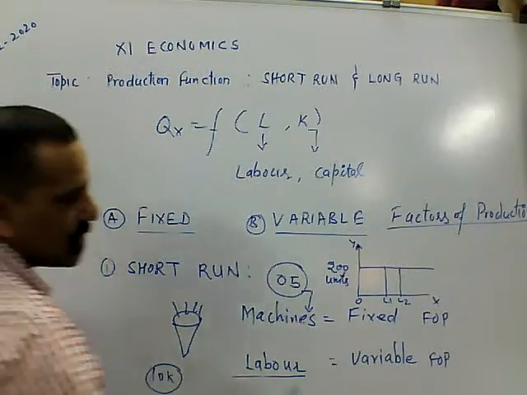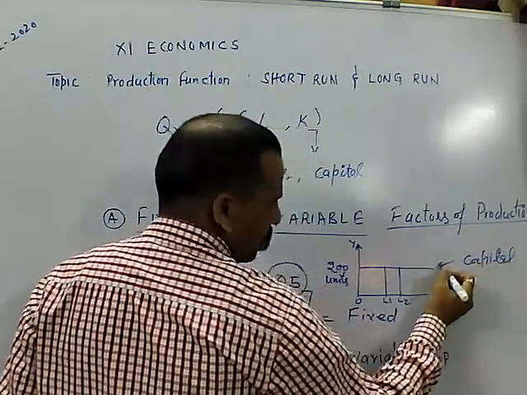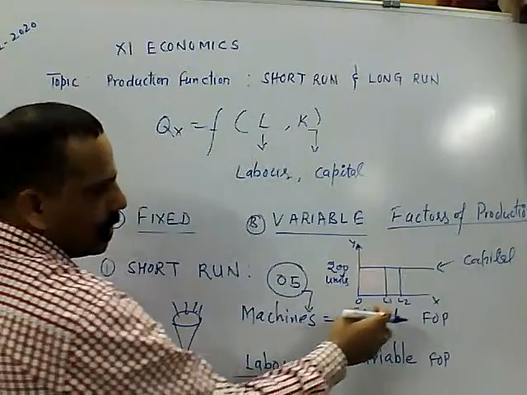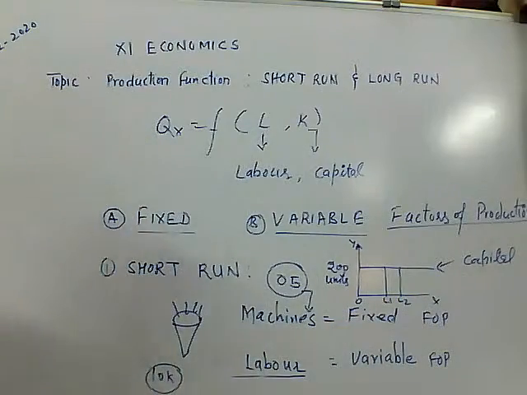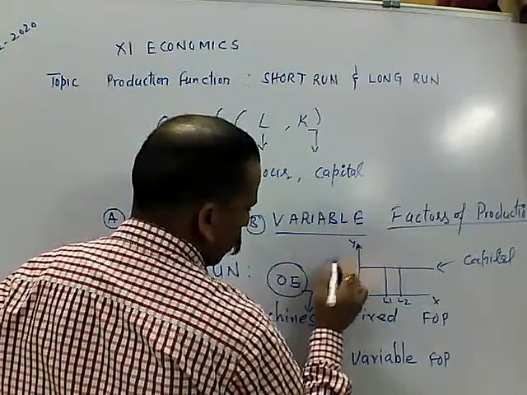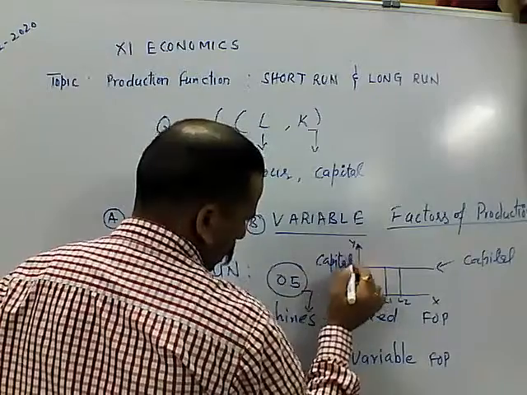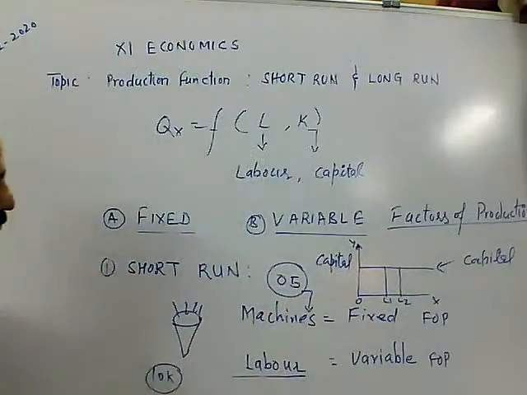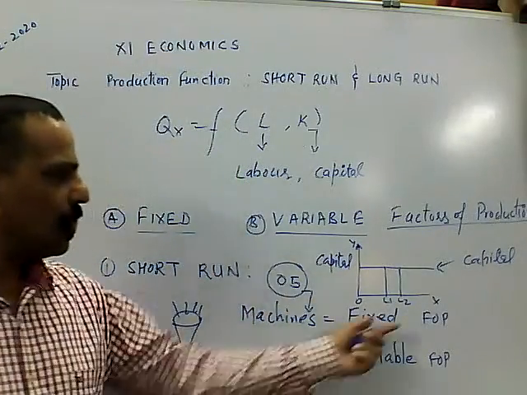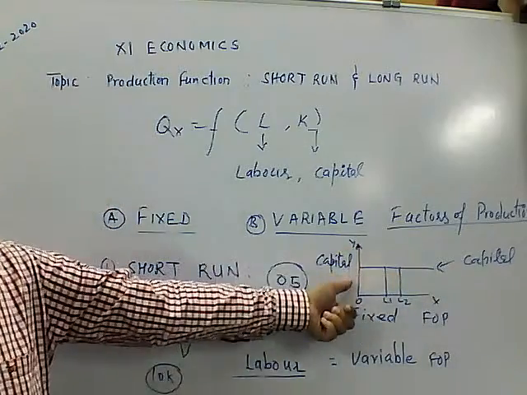Here this means capital. Capital remains constant, whereas labor you can change. So here we have to write capital: capital on the OY axis and labor on the OX axis. Labor can be changed, but capital can't be changed.